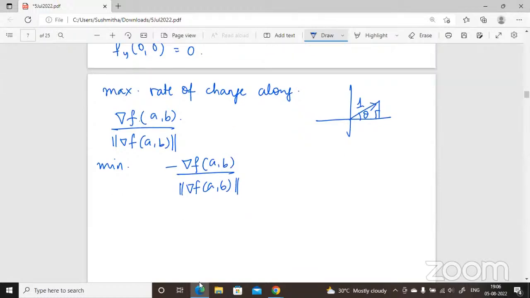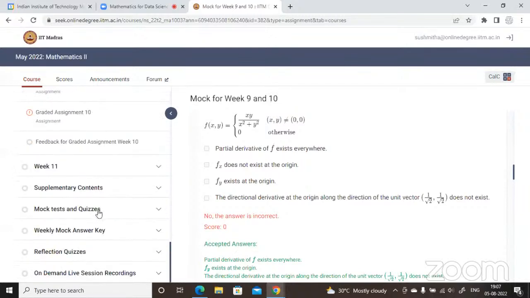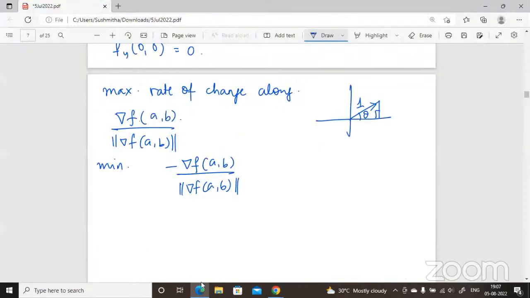Ma'am, one question in this topic. In the mock for the end-term exam, the explanation is given for the second-to-last question, about maximum rate of change. That is not this concept. That is the norm of the gradient. This is the direction along which it changes the maximum, and that maximum change is the norm itself.